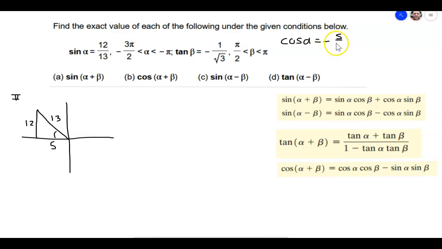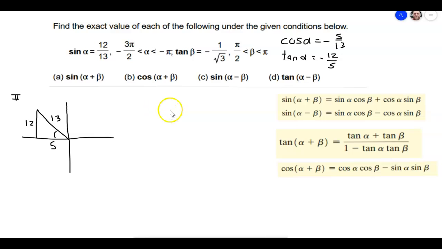I'll use that in the formulas. I'm going to need the tangent of A as well. Tangent will be negative, and that's opposite over adjacent, so the tangent of alpha is equal to negative 12 over 5.